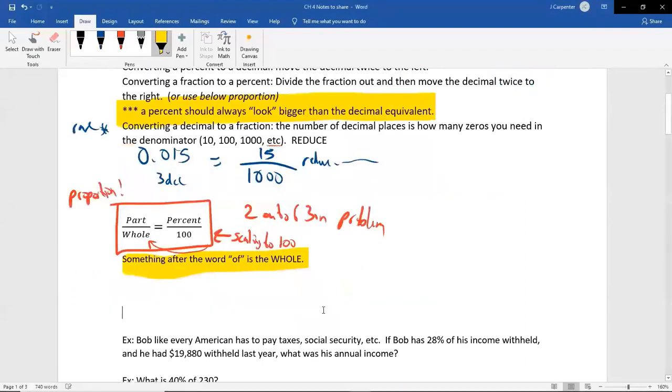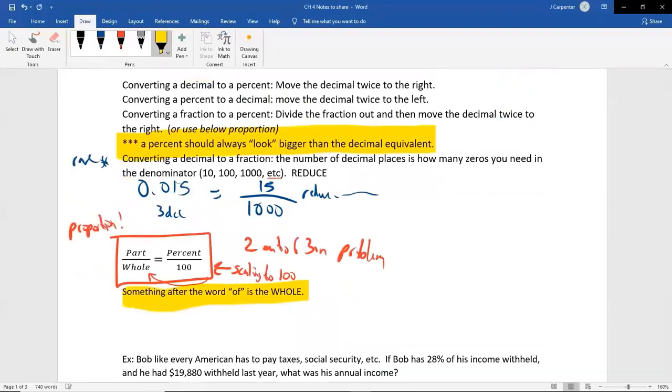Now, if you had a developmental math class or an algebra 1 class or whatever, where they say, okay, of means times, is means equals, what or what number means x, what percent means p, if you were taught that and you know how to apply it 100% of the time, see what I did there again, then I am absolutely okay with you handling your problems that way.